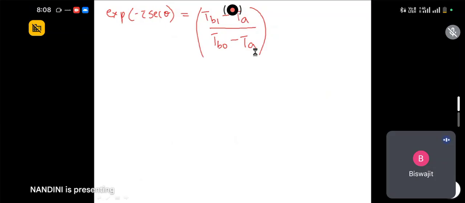Here I am just substituting exponential. We know what is exponential of minus tau, so I'm just finding what is exponential of minus tau sec theta.